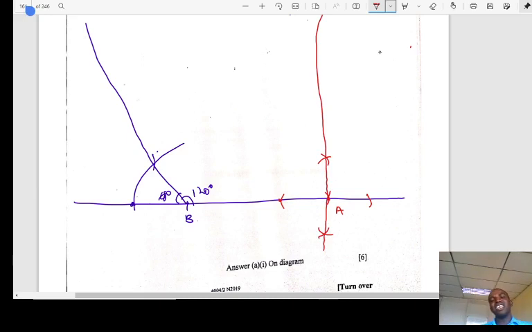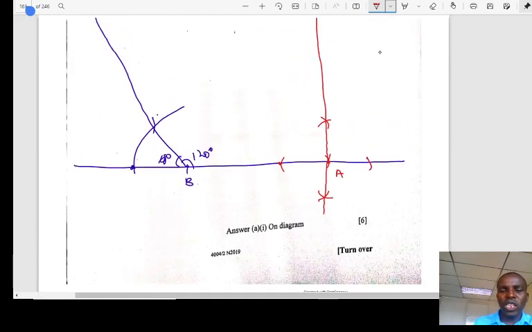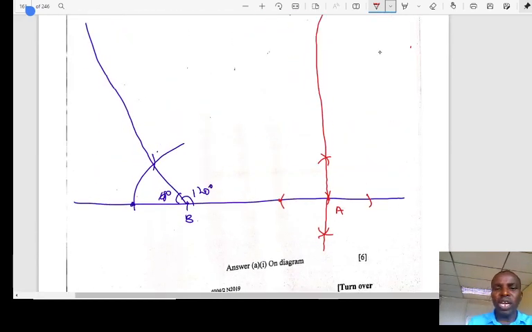Like this. Then after that, you measure AD. AD is 5.2 centimeters, measured with your compass on your ruler. Then you come, you mark somewhere here. You put an arc here. That's where there's D, for example. Then after that, you want to find where C is. So you come at point D here. At point D, you have to construct an angle of 90 degrees, so that you can find a parallel line, right?